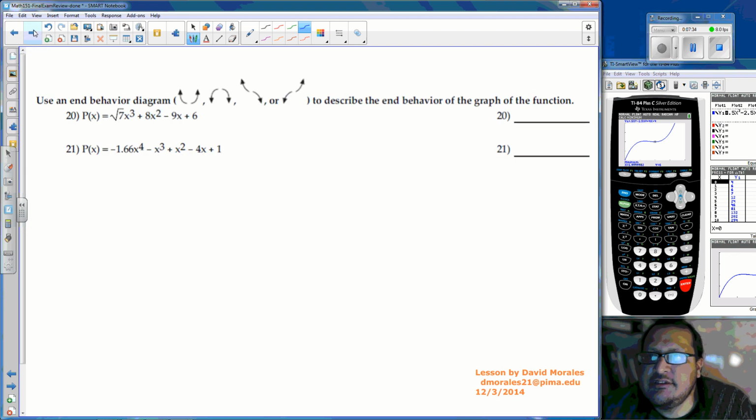Use the end behavior diagram to describe the end behavior of these graphs. To recall the end behavior, there are 2 things we're interested in.